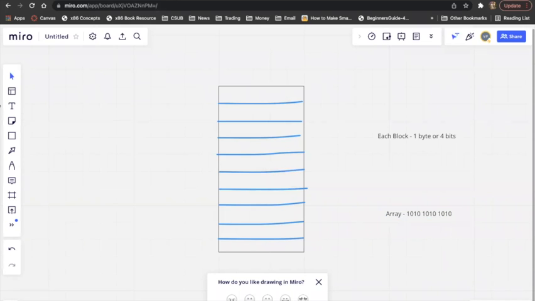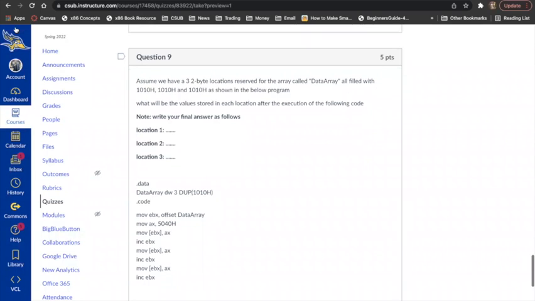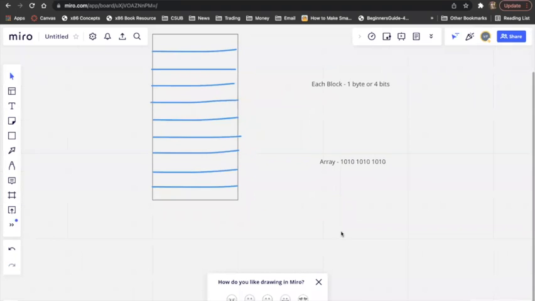That's the array that we're dealing with. Okay, and so what happens here? This is just filling up the array with 10108. Okay, now the code segment. We're moving the offset to EBX. Okay, so let's recall this.